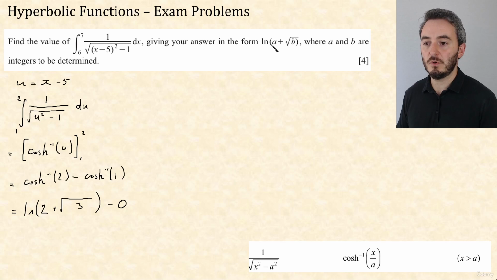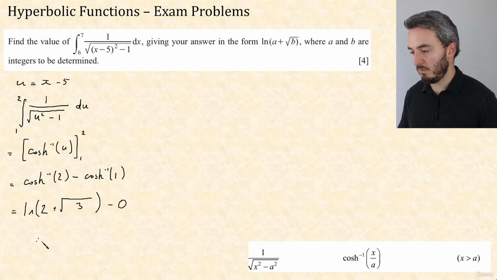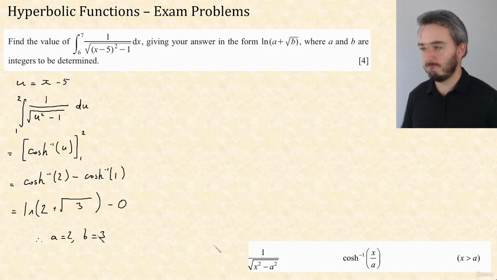So there we have it in that form, ln of a plus root b. We've got that, ln of 2 plus root 3. A was 2 and b was 3, and we're done with that question.